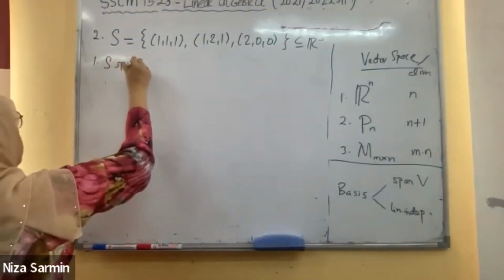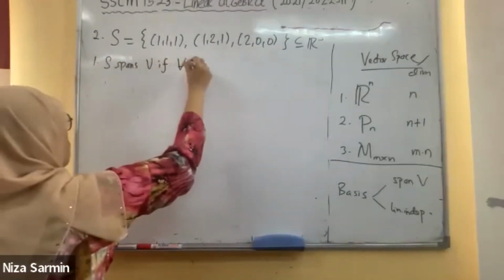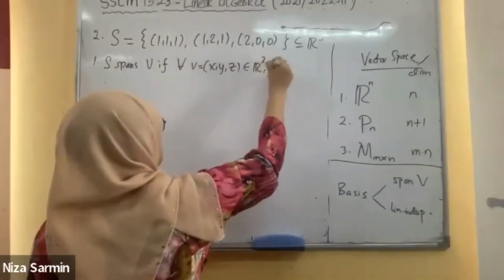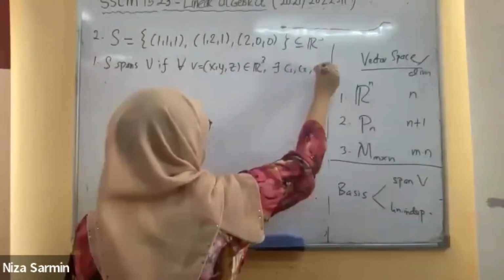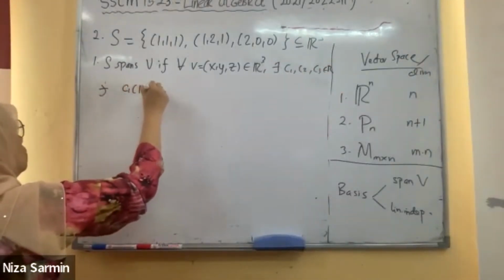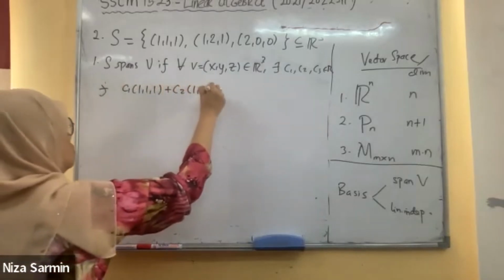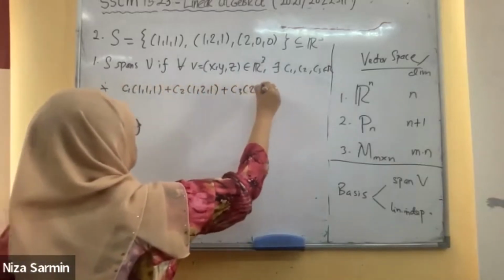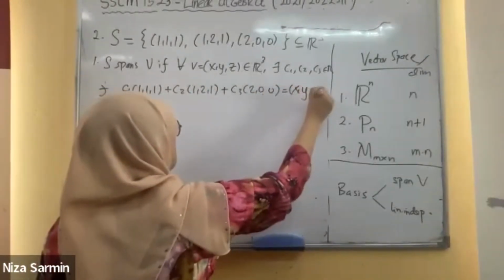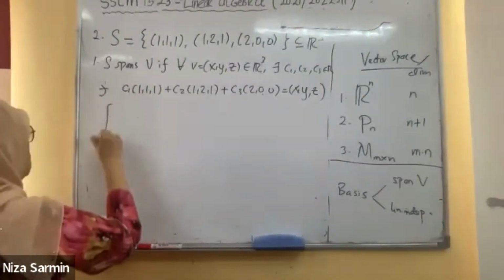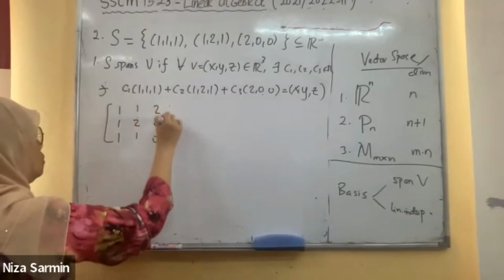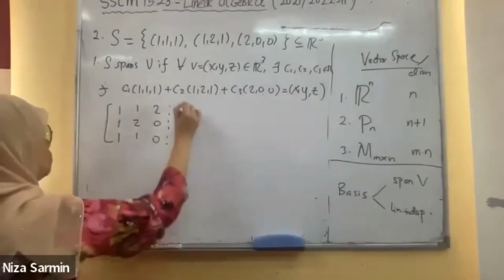S spans V if for all V equals (X, Y, Z) in R3, there exist C1, C2, C3 in R such that C1(1, 1, 1) plus C2(1, 2, 1) plus C3(2, 0, 0) equals (X, Y, Z). Then this gives the matrix with rows 1, 1, 1, 1, 2, 1, 2, 0, 0 times C equals X, Y, Z.